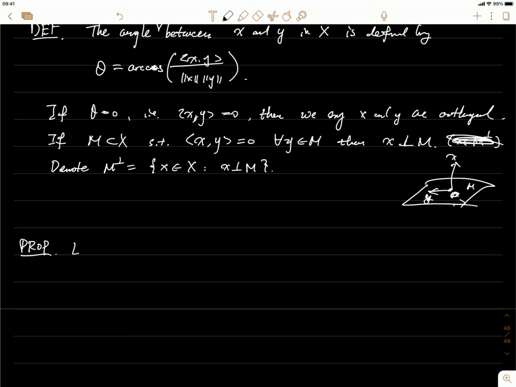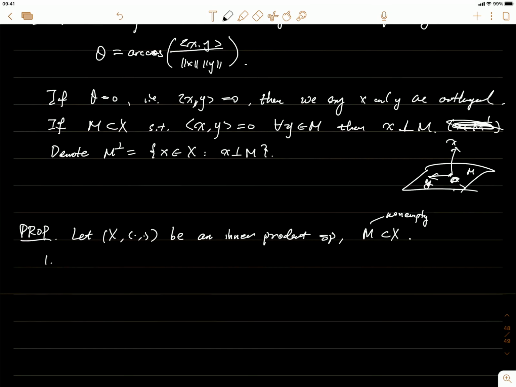Suppose we have an inner product space X, and M is a non-empty subset of X. Then the following statements hold.